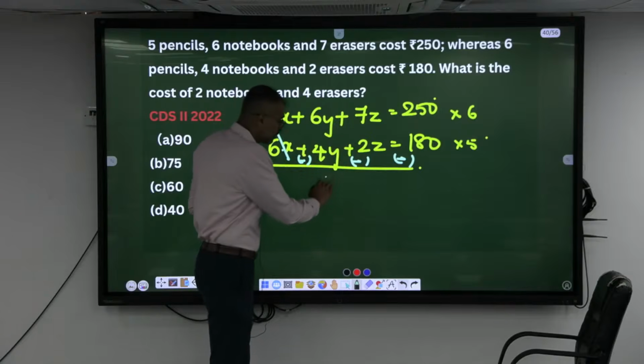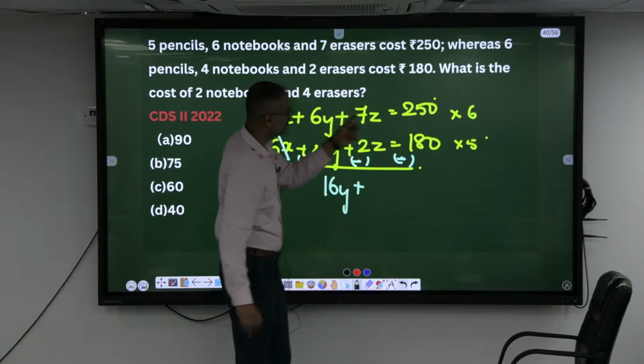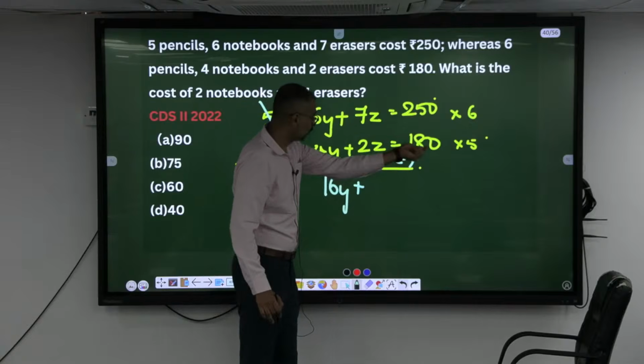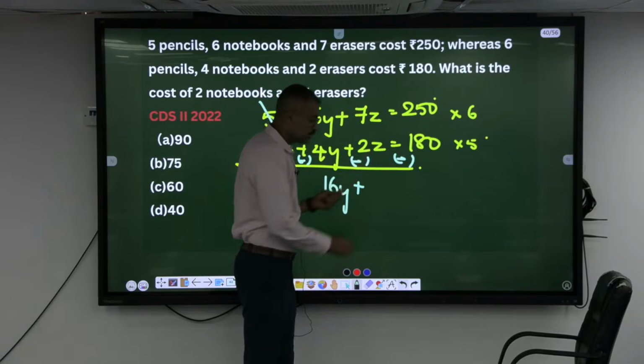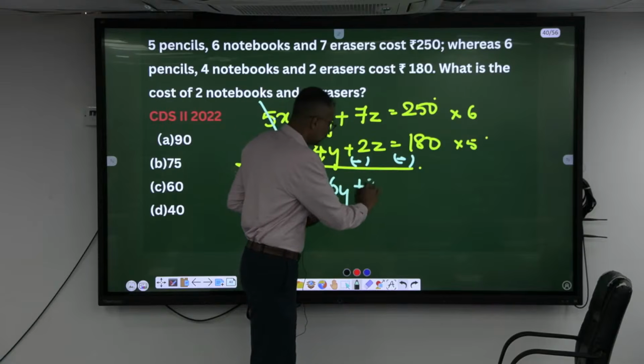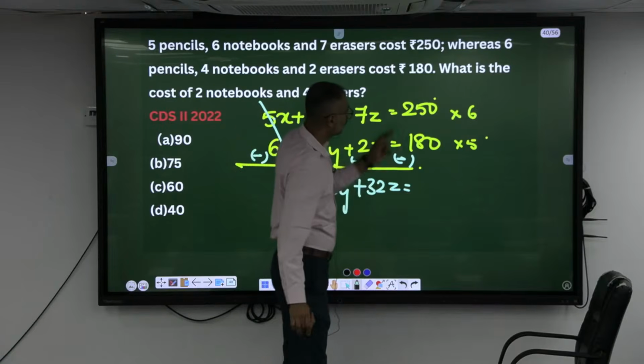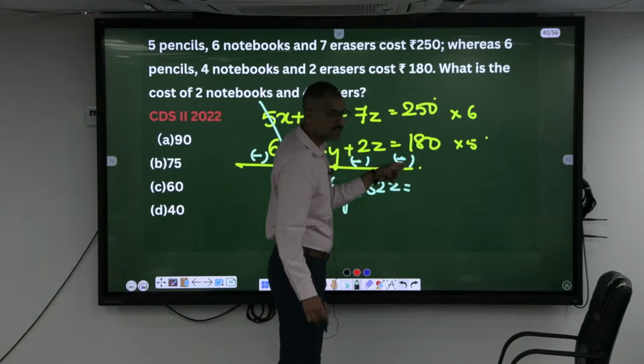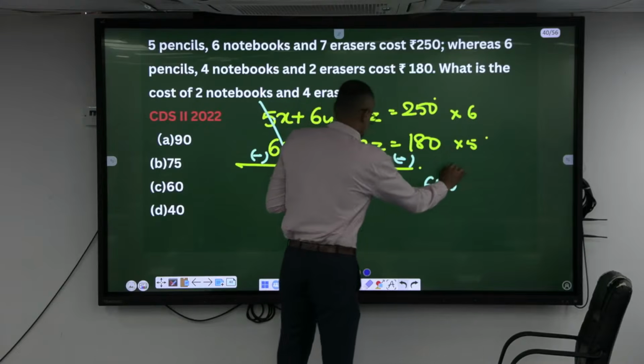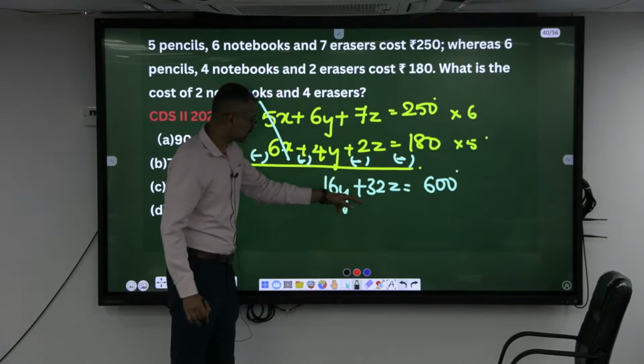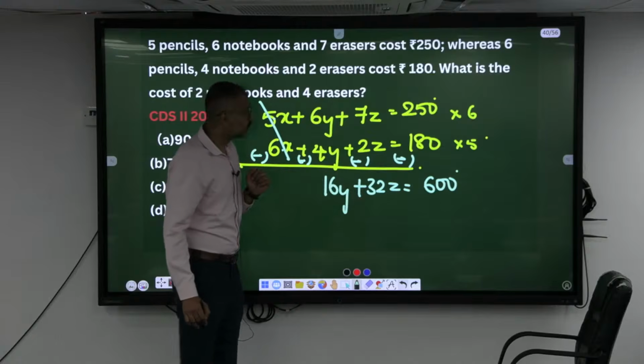Remainder 16y plus 7 into 6, 42, 5 into 2, so 32z is equal to 6 into 1500 minus 900, which is equal to 600. So 16y plus 32z is equal to 600.